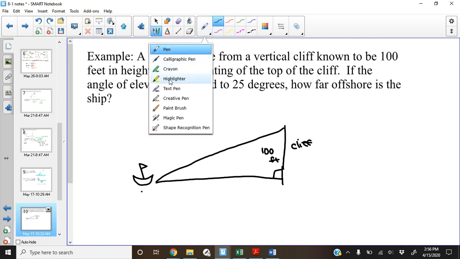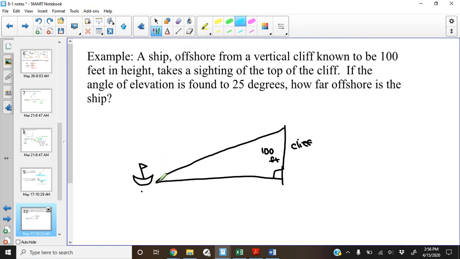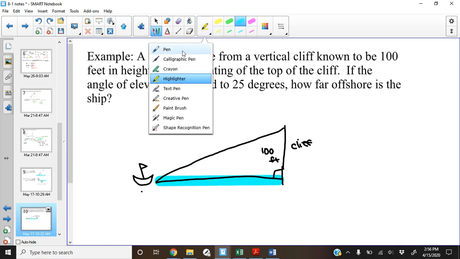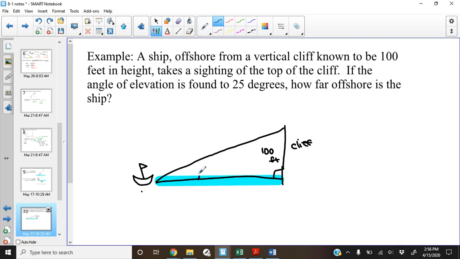So angle of elevation is always from the horizontal. Here's my horizontal, so the angle of elevation going up from the horizontal is 25 degrees. They want us to see how far offshore the ship is.